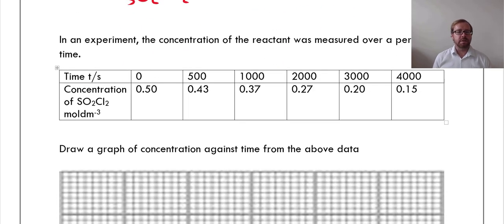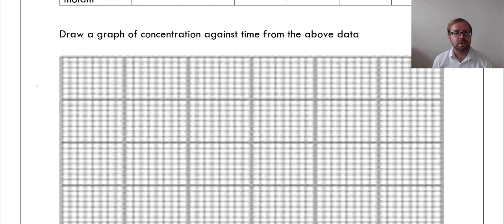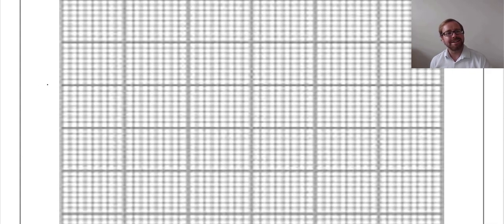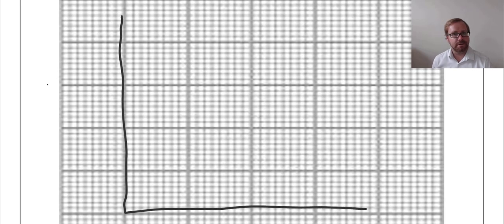So in an experiment, the concentration of the reactants was measured over a period of time. Draw a graph of concentration against time for the above data. Now, I can't really do this on the computer, so I'm just going to have to sketch, and hopefully you will have done a much better job than what I am about to do now. So this is my sketch. Yours should look nothing like this.